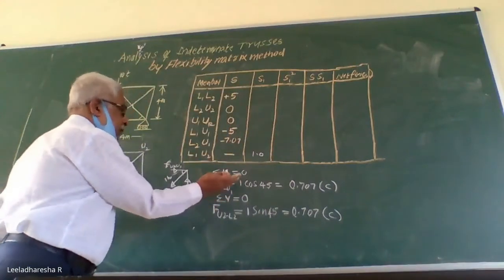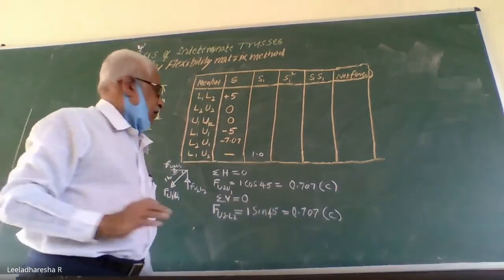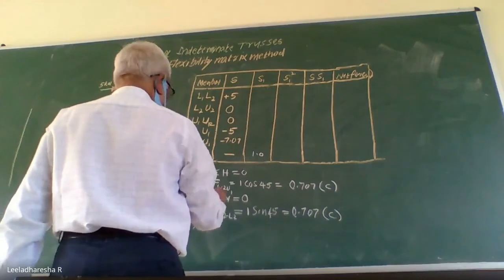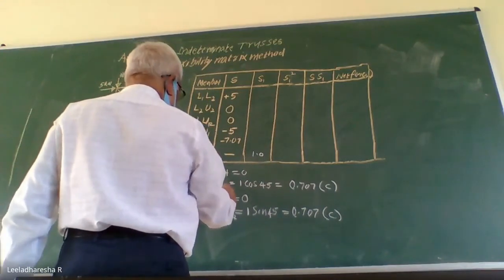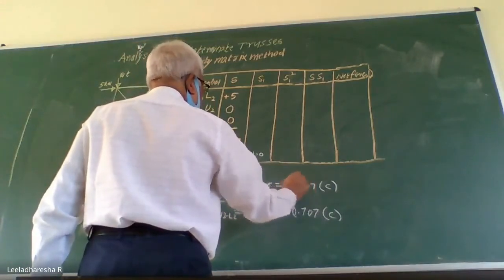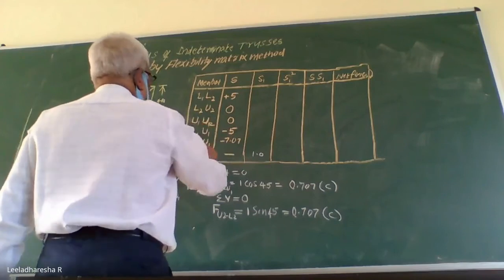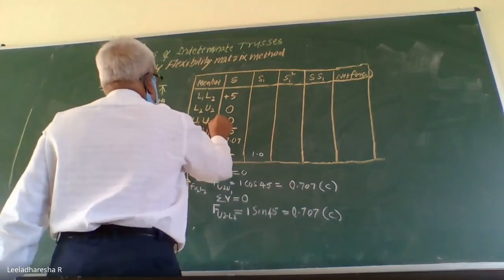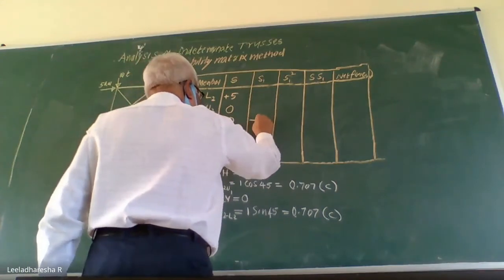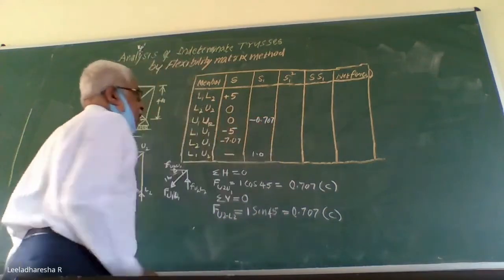So immediately you can write these values in the S1 column. F U1 U2, we got it as minus 0.707, minus sign because it is compression.